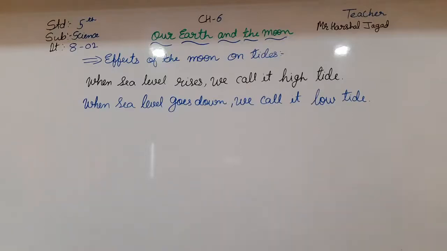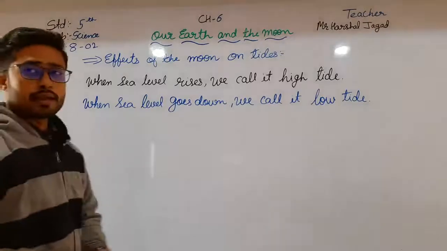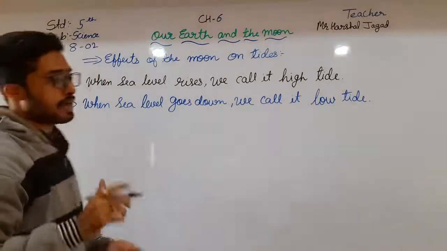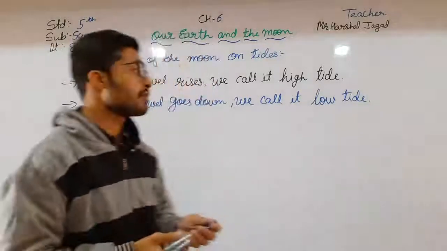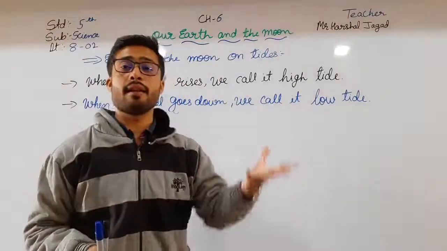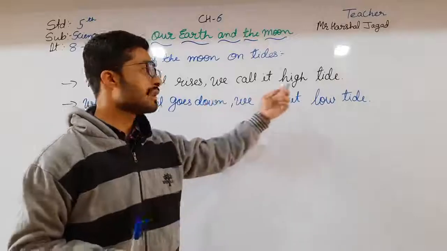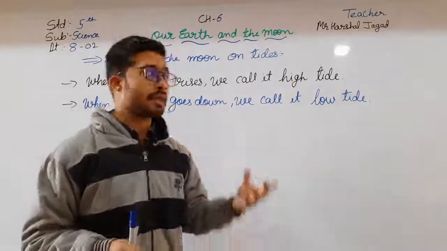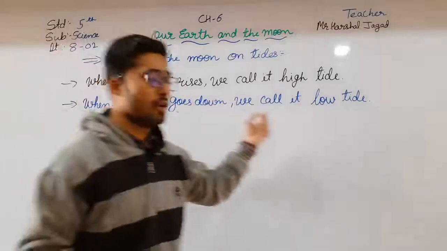So here are the 2 points. It can be asked in fill in the blanks or MCQ what it is called when the sea level rises up. When the sea level rises up, it is known as high tide, and when it goes back down, it is known as low tide.